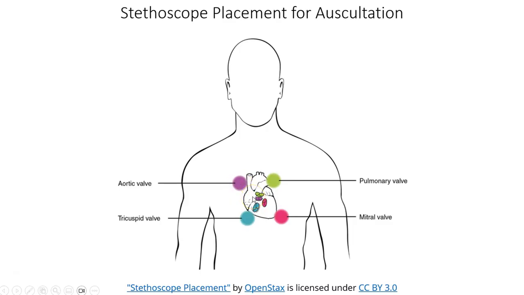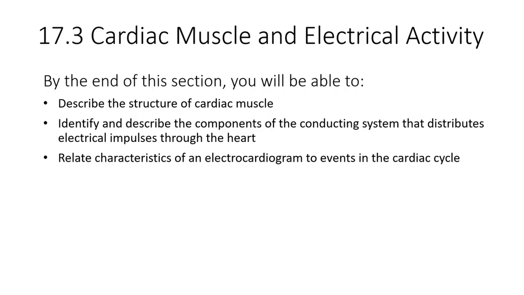And so that's just, again, being able to place that stethoscope in a position that is going to best allow you to hear the opening and closing of that particular valve. And so things can sound a little bit different based on where you place that stethoscope, and that can indicate problems with a particular valve that might warrant further testing.